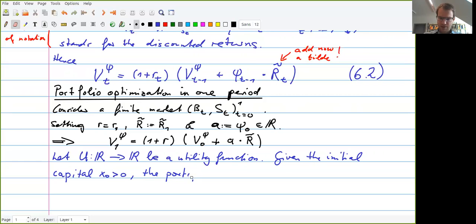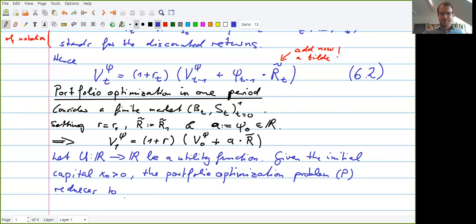What is now our portfolio problem, P? You can go back in your notes and see that what I'm writing down here is exactly what was defined as P, just in this simplified setting where we have just one trading period.